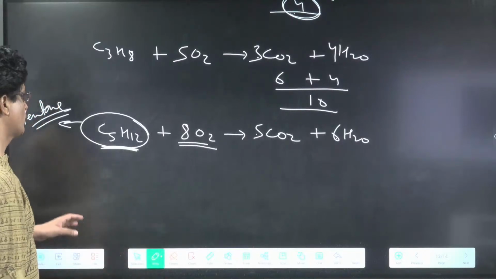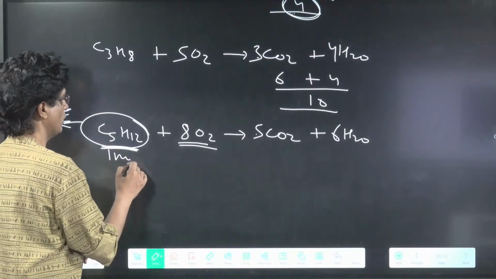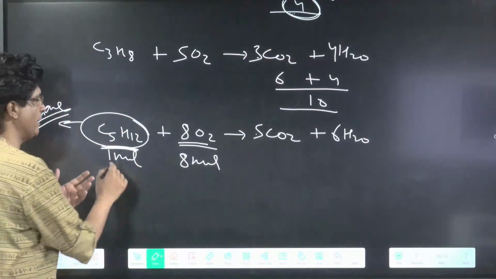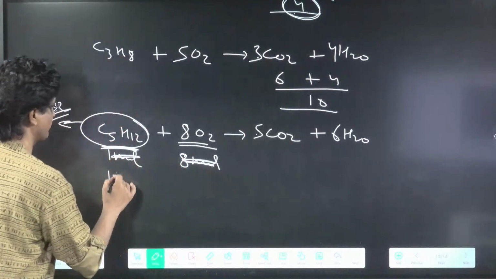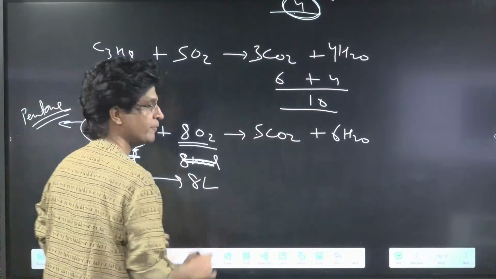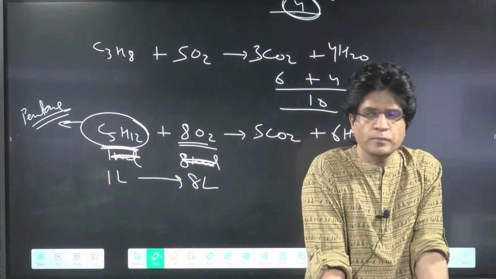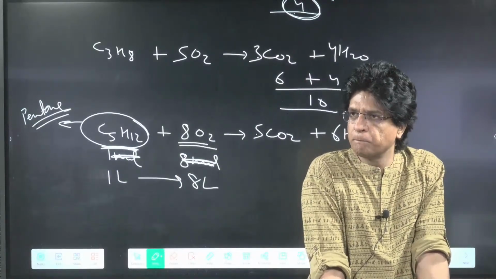Look, children, so I know that 1 mole will require 8 mole, right? Or can I say that, instead of mole I can say that 1 liter will require 8 liter, because volume ratio will also be the mole ratio. Can I say that?